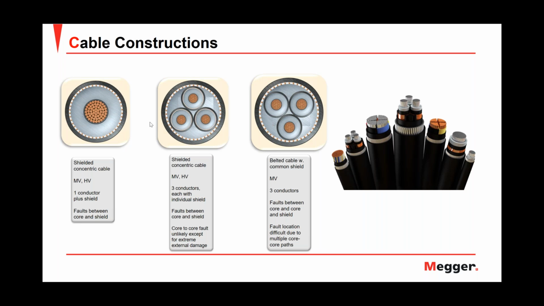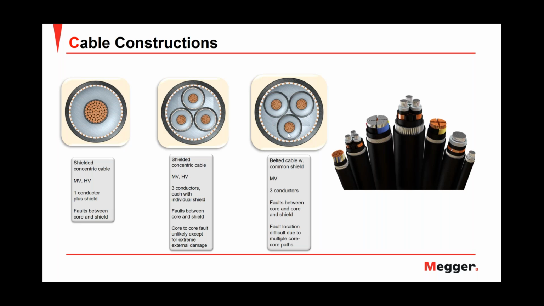In the next picture to the right, we have a three-core cable, but in this case each phase has its individual shield. Each one of the phases has its individual shield. And in the next picture to the right, we have one more time a three-core cable, but in this case the three phases share a common shield.